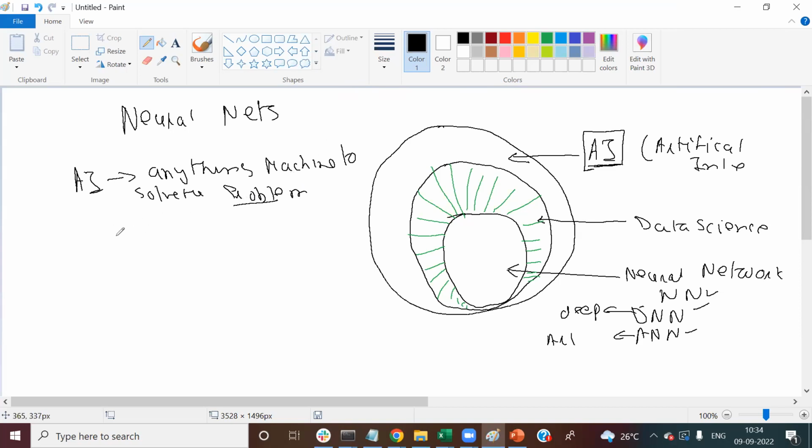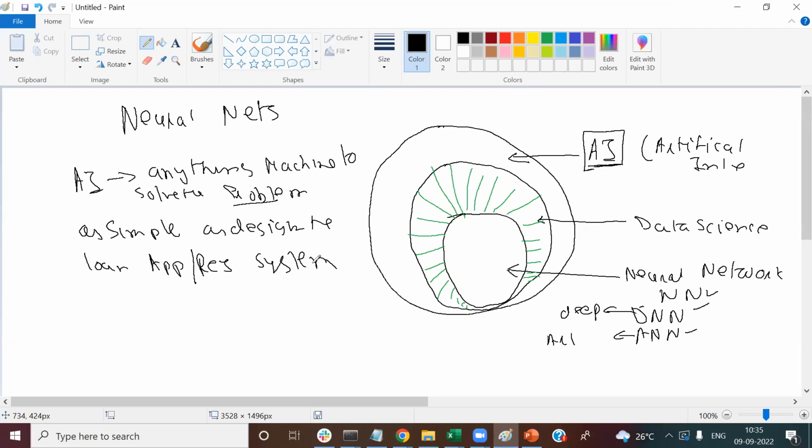Now this problem can be as simple as designing a loan approval or rejection system. A person comes to your bank to apply for a loan, and instead of you taking a decision, you feed the input in your software and the machine tells you his chances of approval and rejection. So it can be as simple as that.